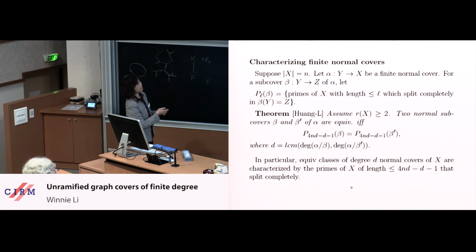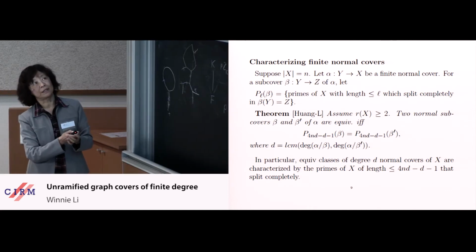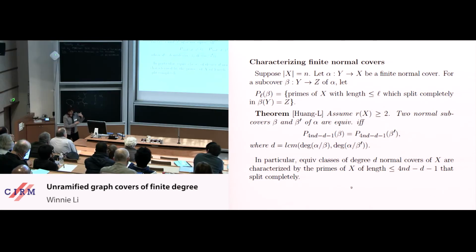You also look at the primes downstairs, which split completely in the first subcover and in the second subcover. Only that for the case of graphs, you do not need to consider all the primes because our graph is finite. You only need to consider the primes with a bounded length.